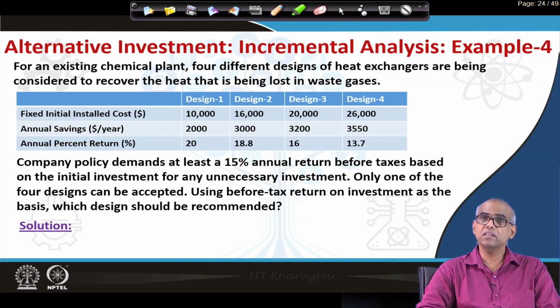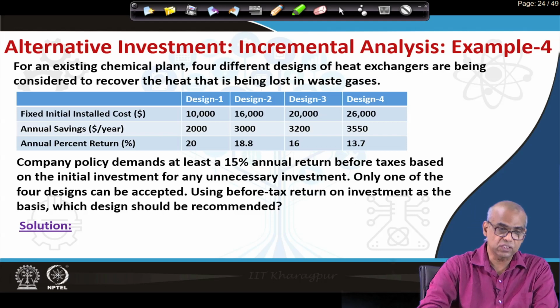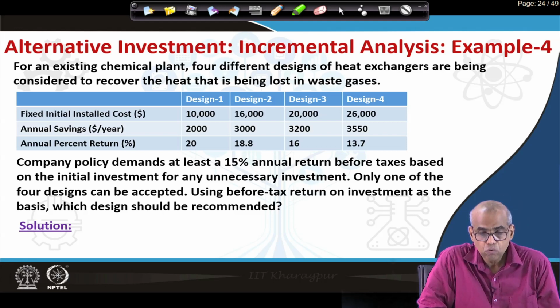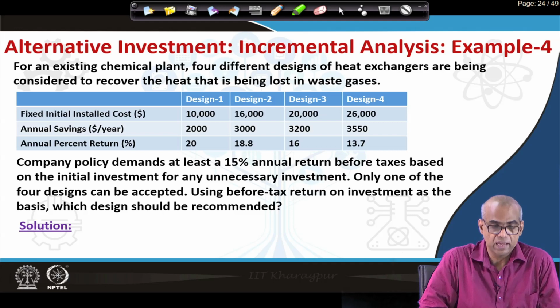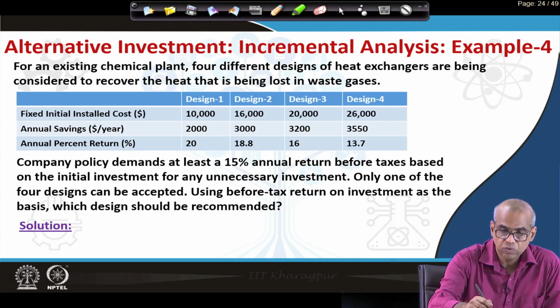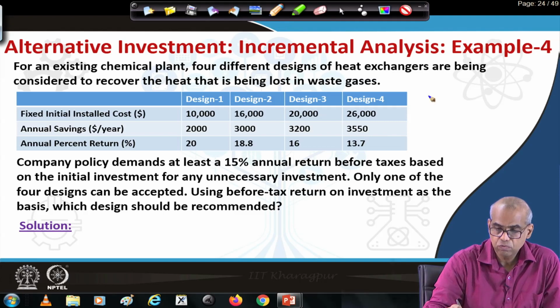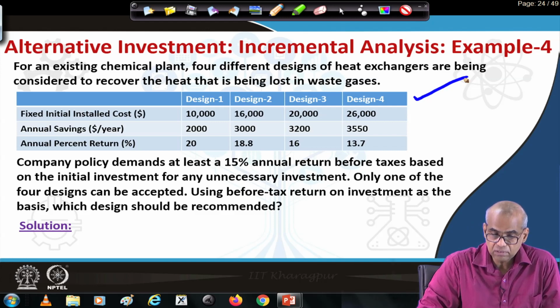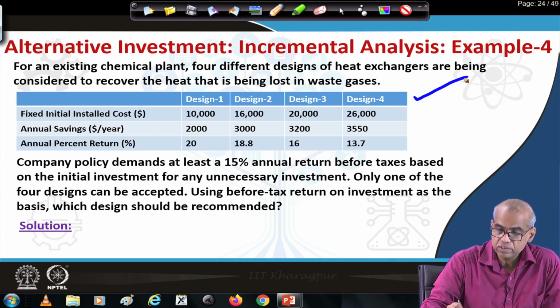Let us try to understand that with the help of an example. For an existing chemical plant, 4 different designs of heat exchangers are being considered to recover the heat that is being lost in waste gases. So, you have 4 designs: design 1, design 2, design 3 and design 4. Fixed initial costs for the designs are given as $10,000, $16,000, $20,000 and $26,000.